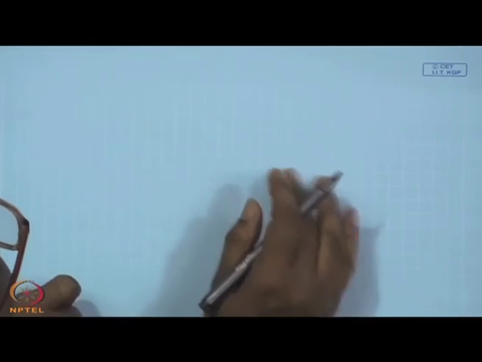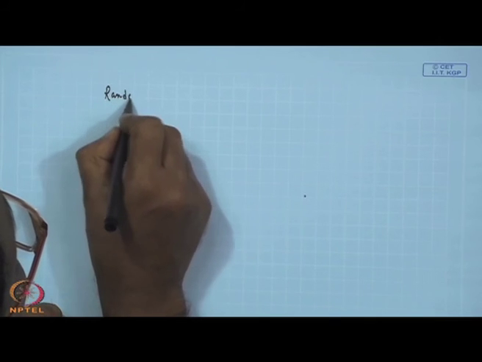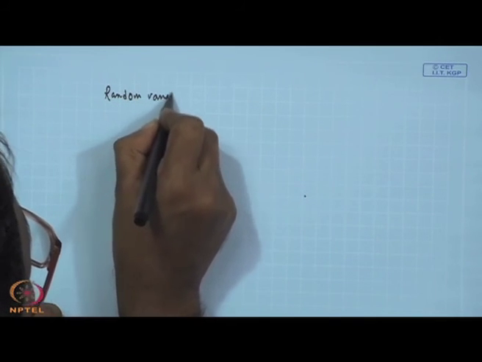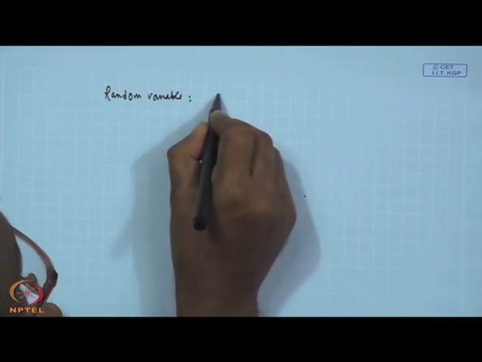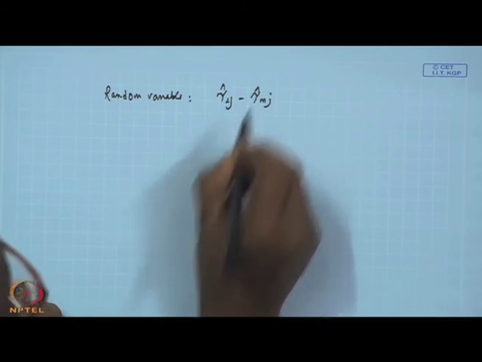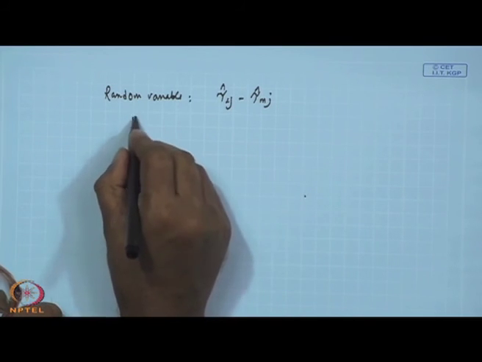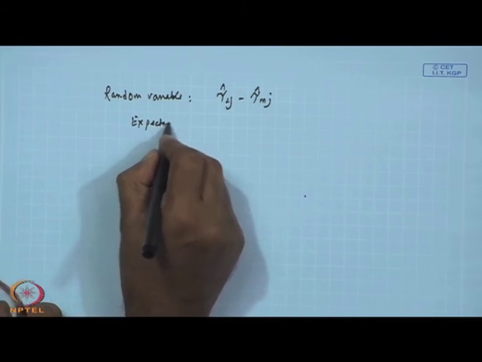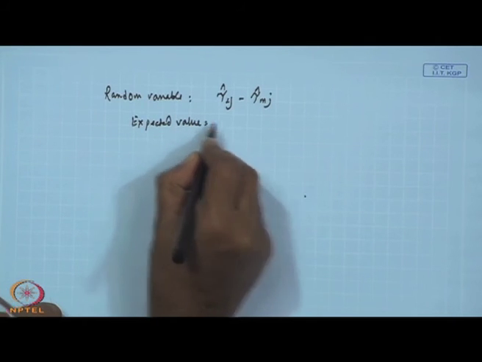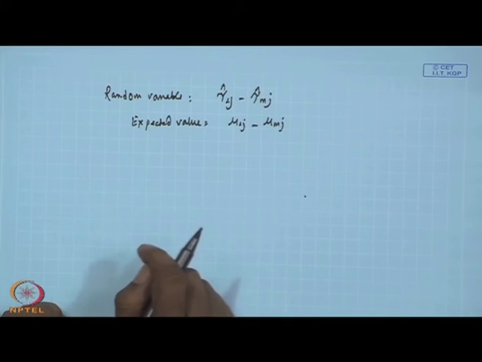Essentially, you have got very interesting things. One is the random variable tau cap Lj minus tau cap Mj, and its expected value, mu Lj minus mu Mj.